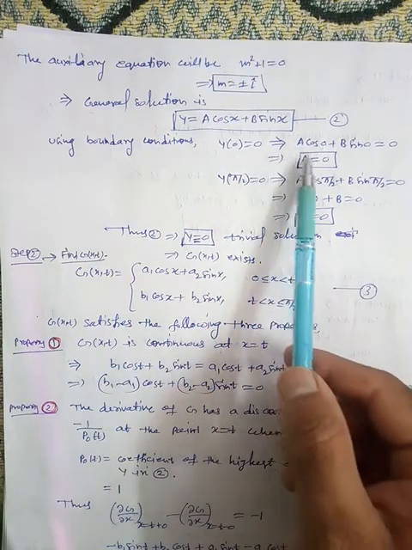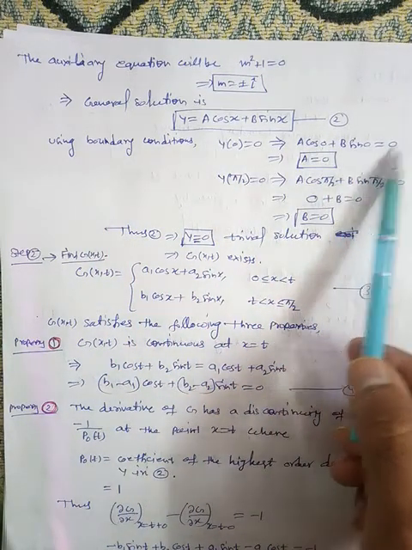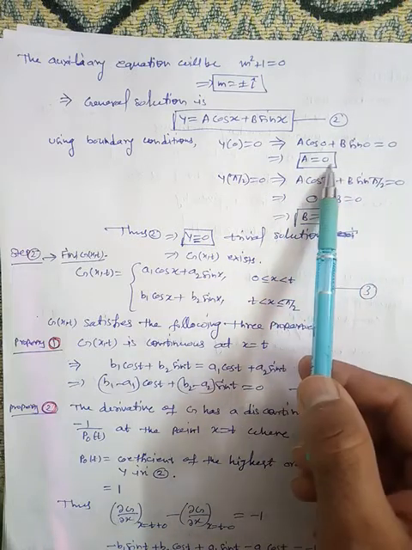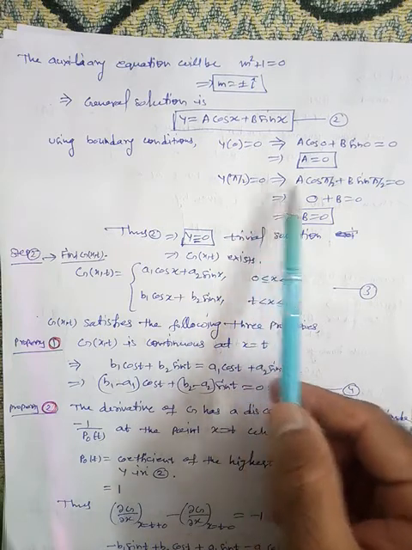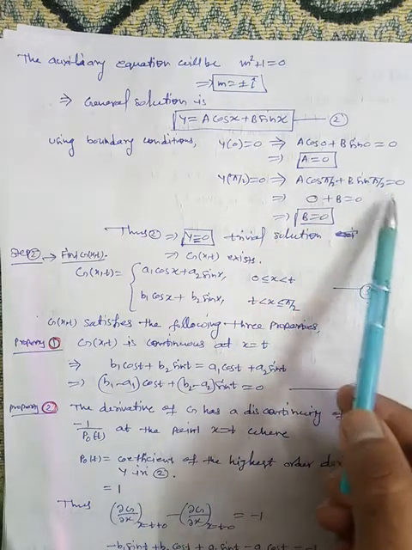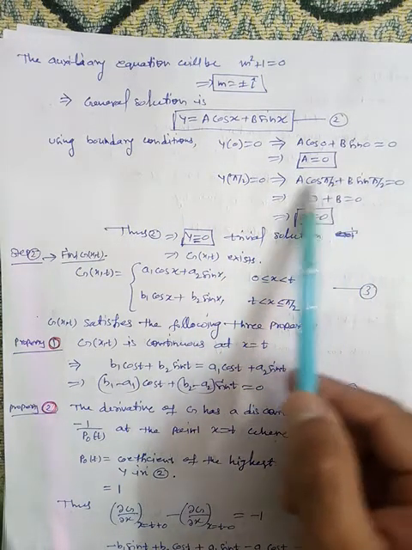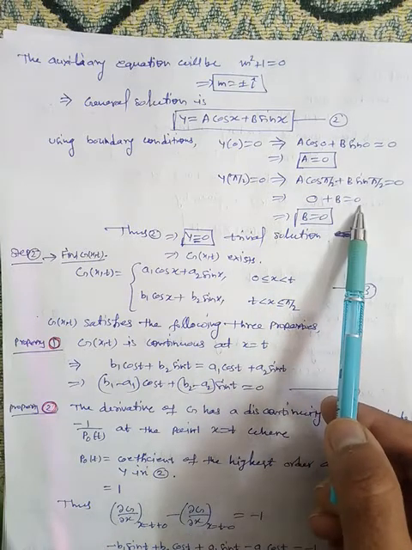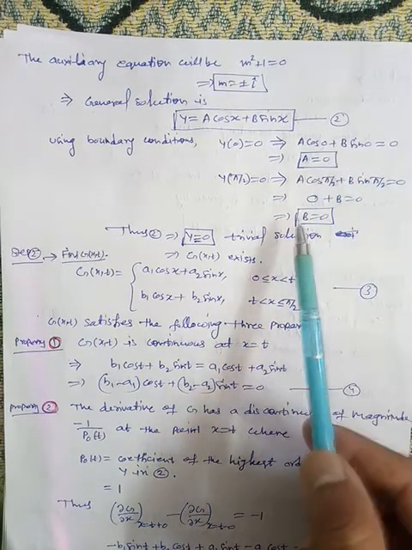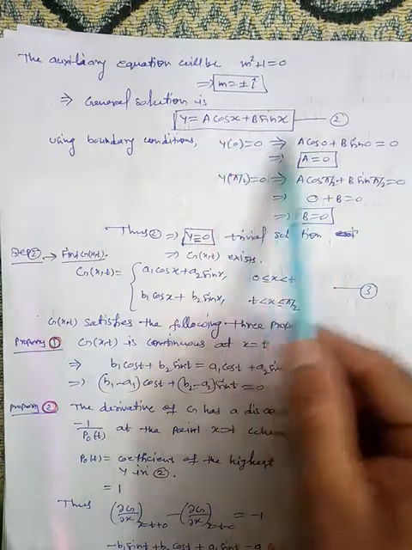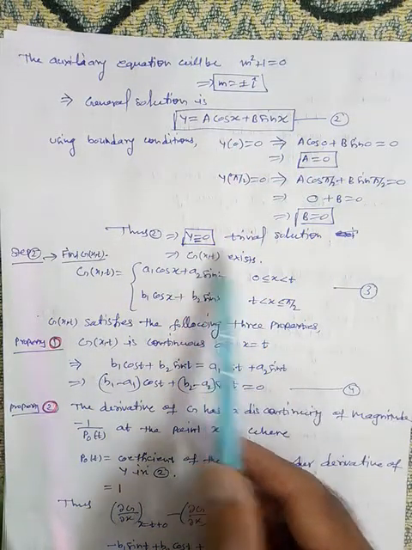So this implies a cos 0 plus b sin 0 is 0, hence a is 0. Then y at pi by 2 is 0, so a cos pi by 2 plus b sin pi by 2 is 0. But a is 0, so this is 0 plus b equal to 0, and hence b is also 0. So when you put a equal to 0 and b equal to 0 here, we get y equal to 0, which is a trivial solution.